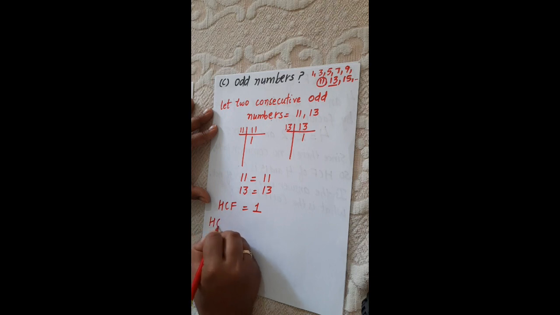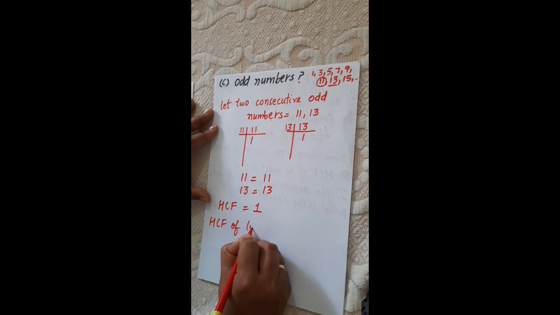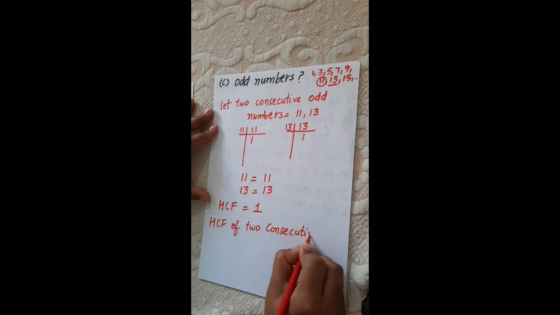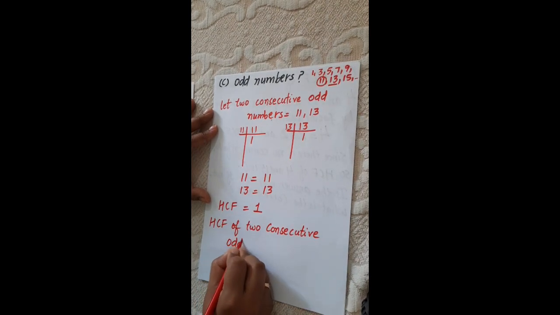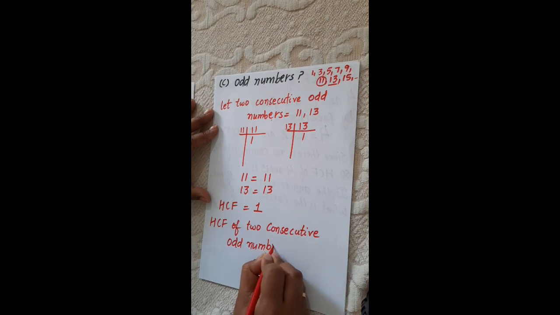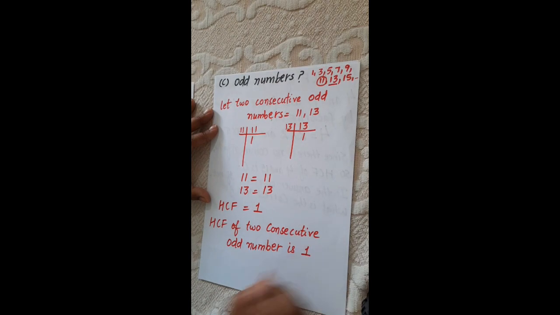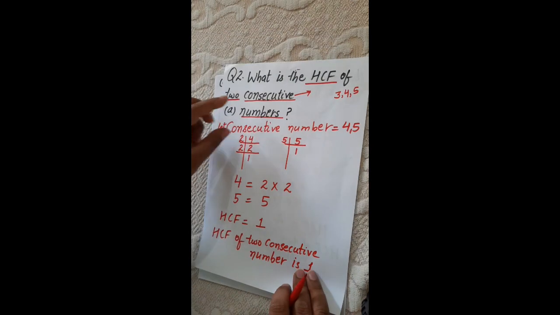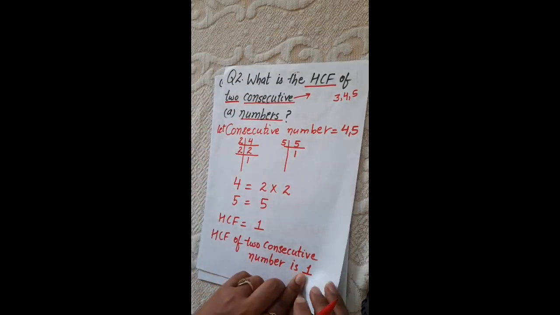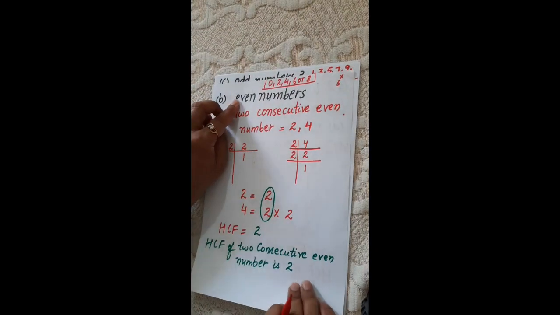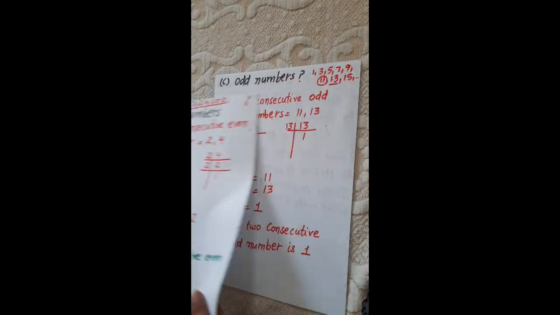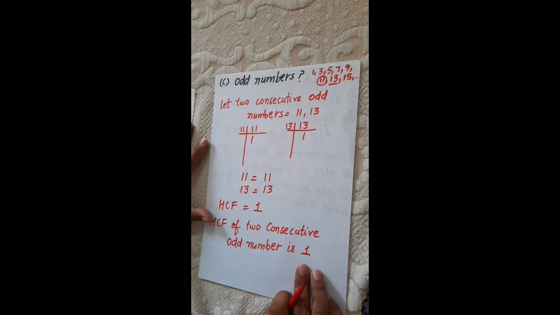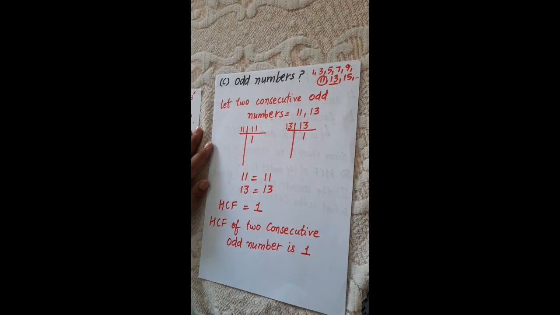So we can say that highest common factor of two consecutive odd numbers is 1. What is the highest common factor of two consecutive numbers? If the numbers are two consecutive, then the highest common factor is 1. If the numbers are even numbers, then the highest common factor is 2. But if the numbers are odd numbers, then the highest common factor is 1. So this is your question number 2.